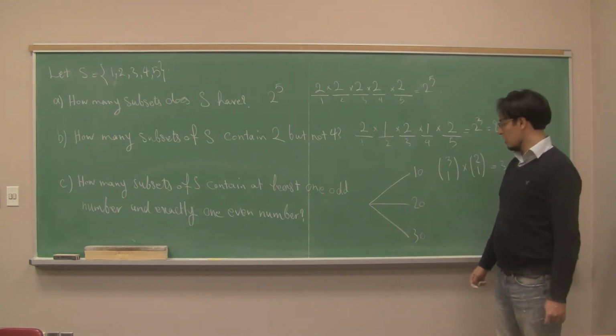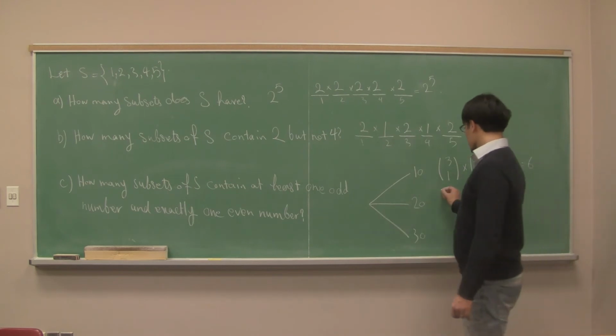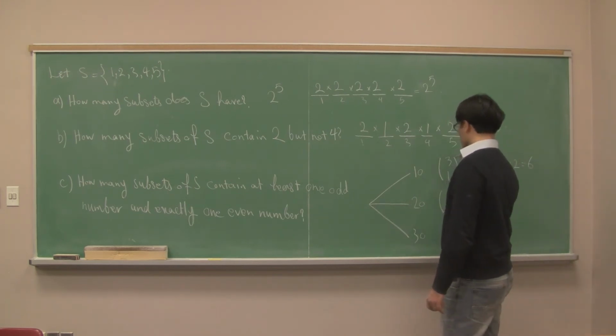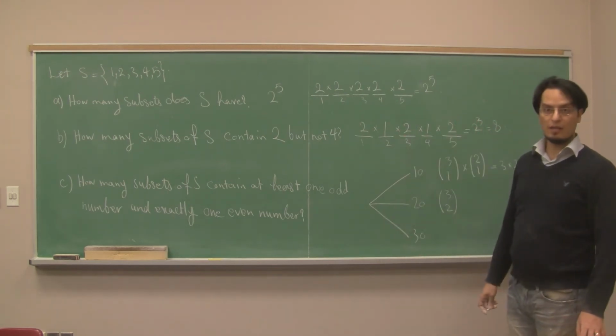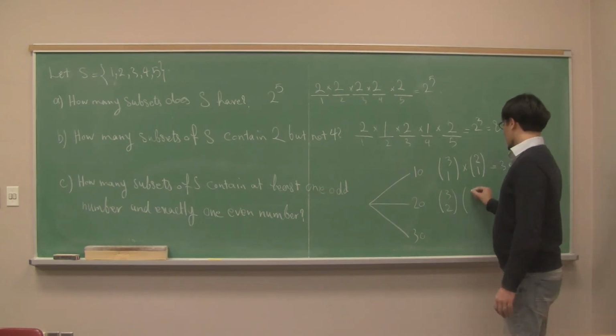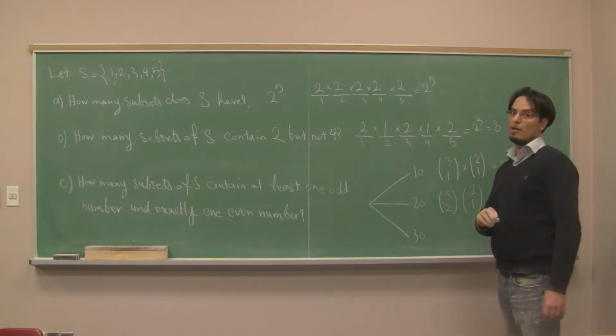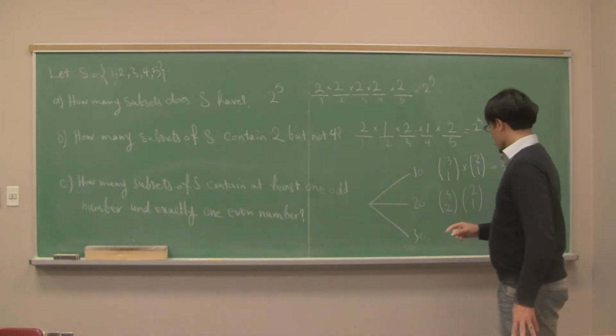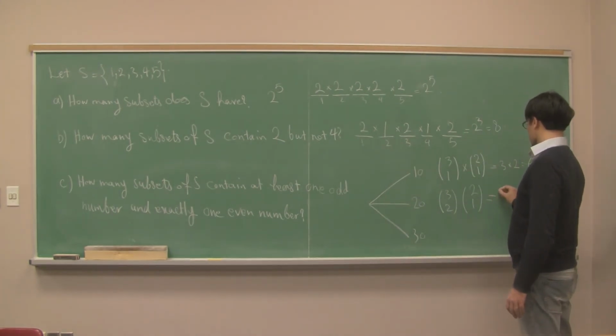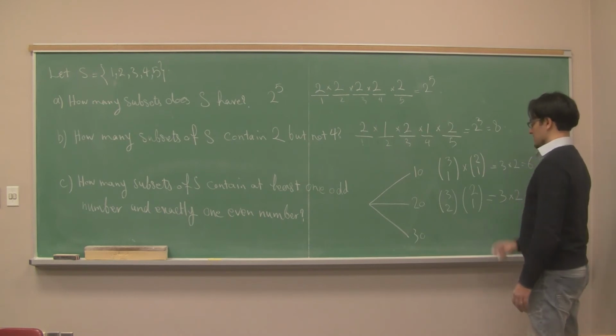How about 2 odds? In this case, I choose 2 of the 3 odds, and then I choose exactly one of the even ones. So you multiply 3 choose 2, which is 3, times 2 choose 1, which is 2. It's another 6 here.